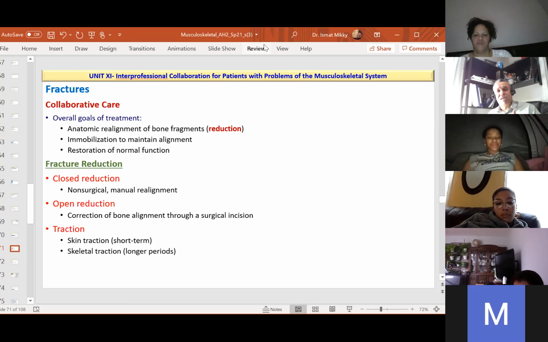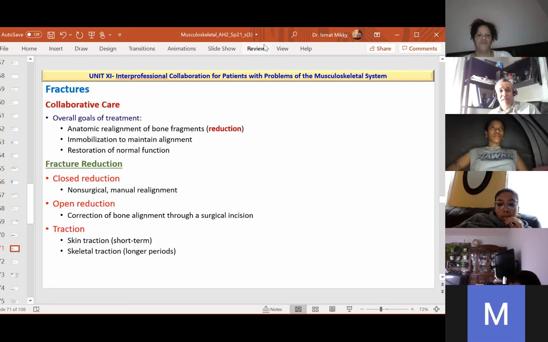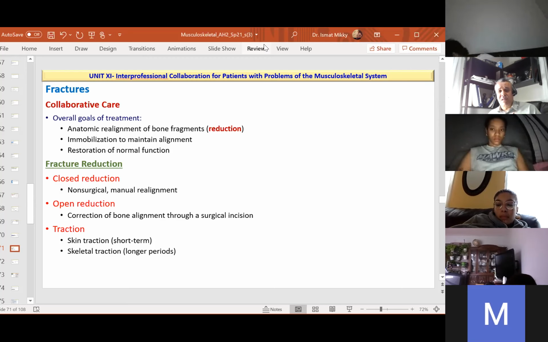The fractured bone is usually displaced, with both ends not aligned to each other. Aligning them to maintain the normal anatomic position is called reduction.